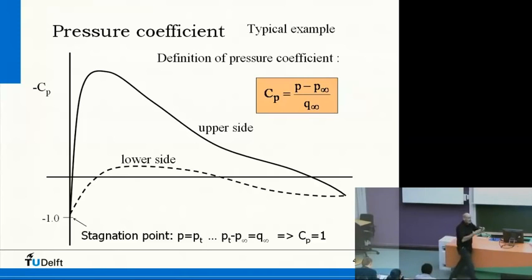And if this V squared is 0, then we have P is PT, which means that the P here, when the CP is 1, is the total pressure. P is PT, and if we put PT here, then PT minus P infinity divided by Q infinity is Q infinity divided by Q infinity, that's 1. Right? So in the stagnation point, CP is 1.